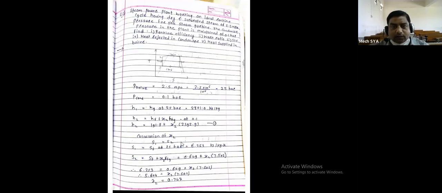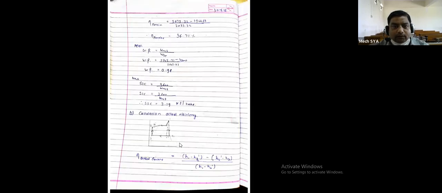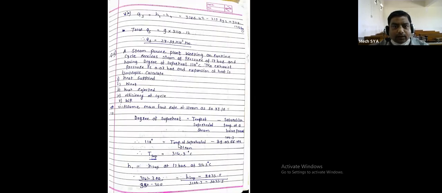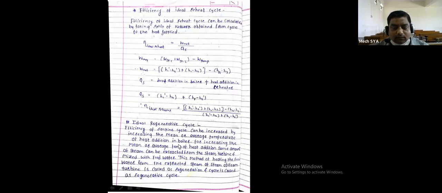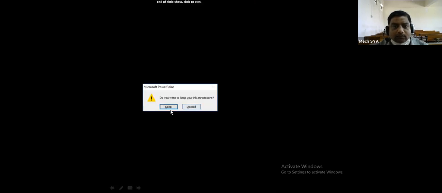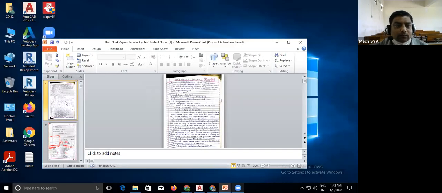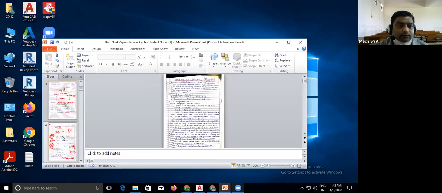H1 we got, H2 we got, so from that we calculate W turbine. So we calculate the work ratio, heat rejected in condenser, and SSC and heat supplied in boiler.